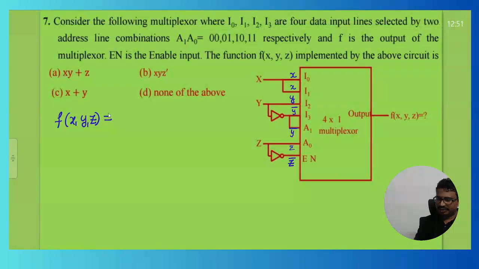what we can say here. These A1, A0 are the selection lines.